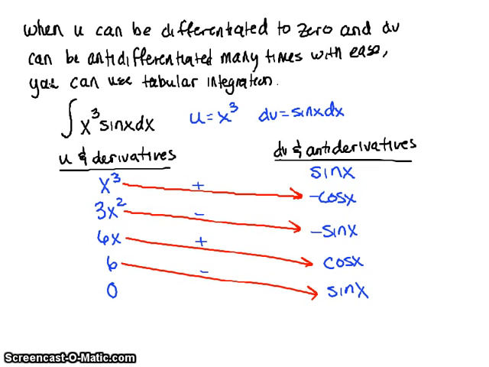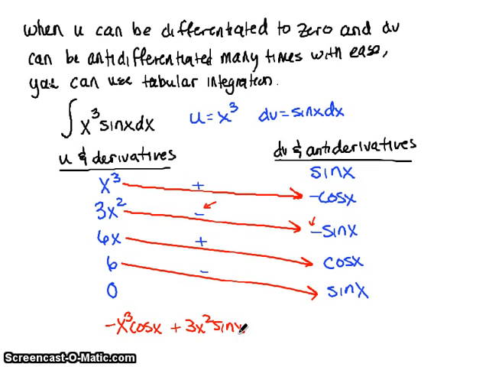So our answer would be x to the third times negative cosine of x, so that's negative x to the third cosine of x. On the next line down we have a 3x squared with a positive sign, but in the middle we have a negative, so negative and negative give us a positive 3x squared sine of x.